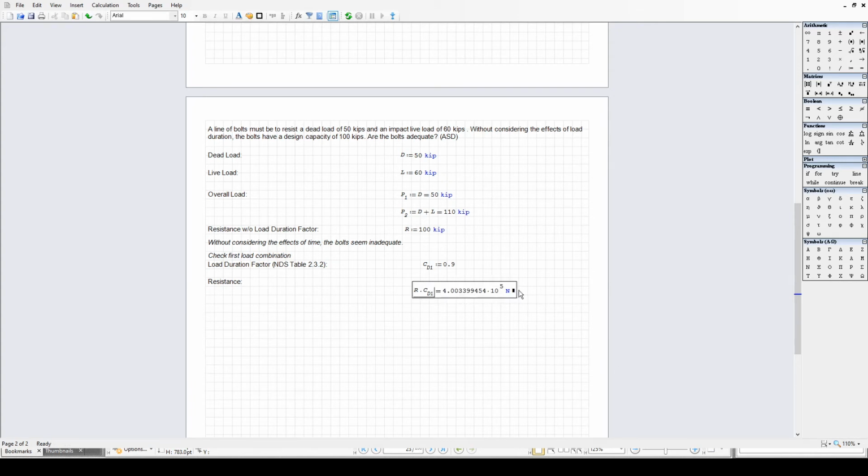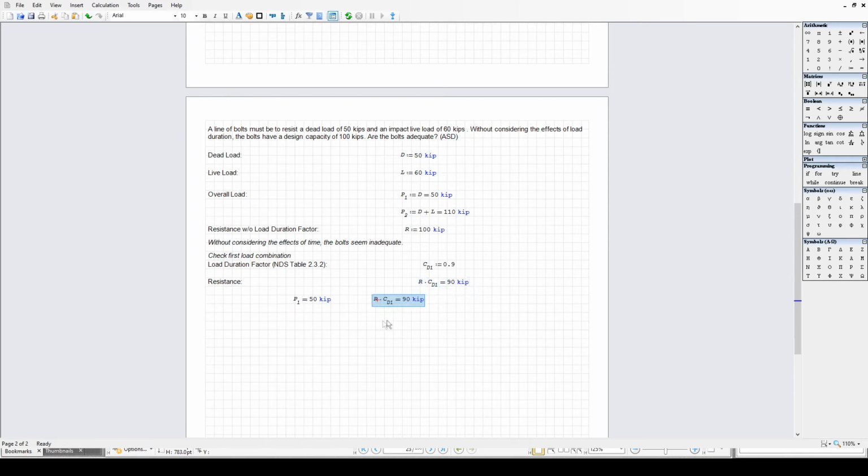And so that's going to be that many newtons, or I can translate that to kips: 90 kips. So let's go ahead and set up a comparison. I can just say P1 equals that many newtons, or kips.